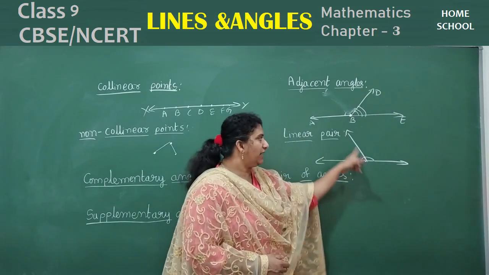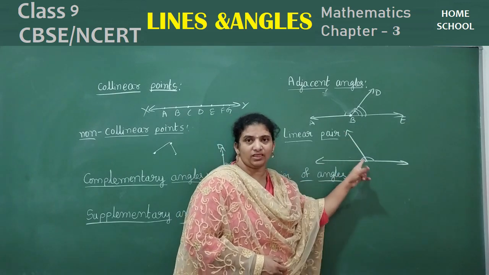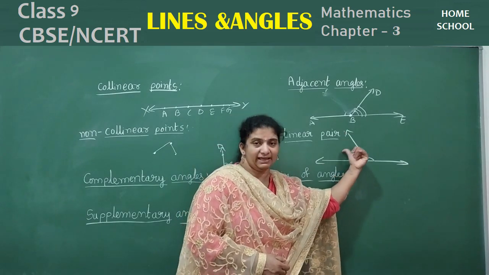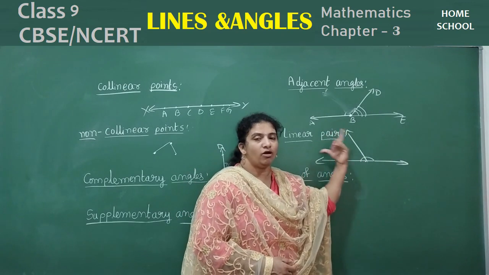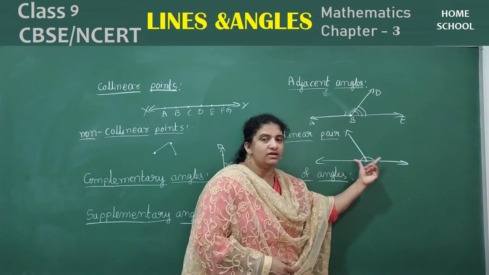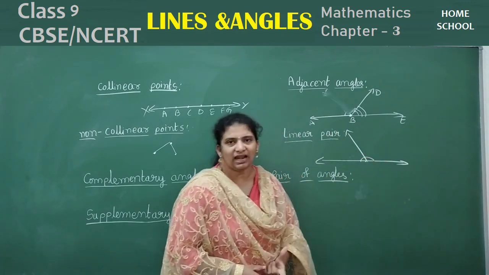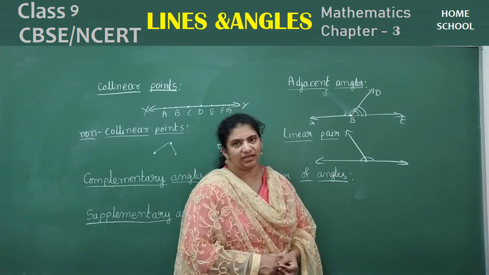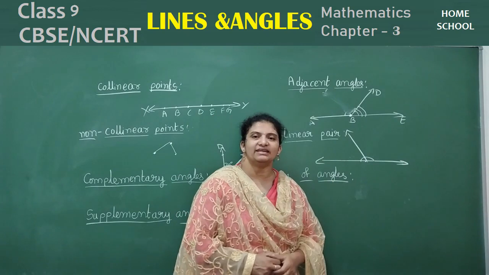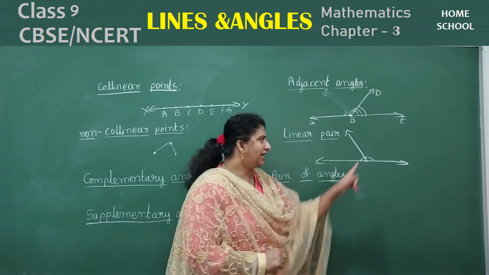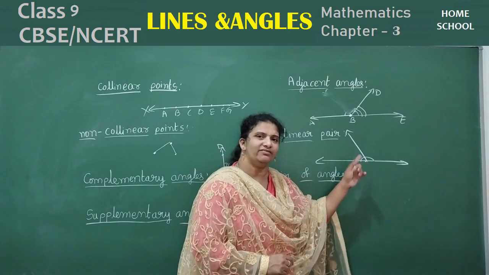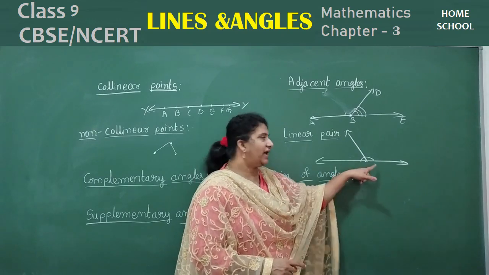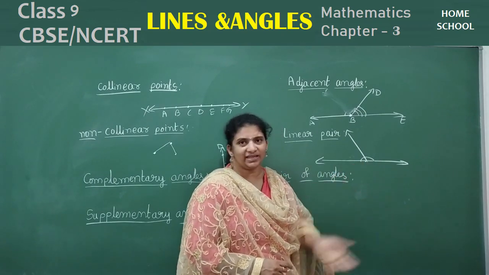Why? In between there is one ray that is common for this angle and this angle, right? When non-common arms make a straight line, that is called a linear pair. Or you may say that it is a straight angle. Straight angle, what is the sum, children? 180 degrees. Linear pair also 180 degrees.